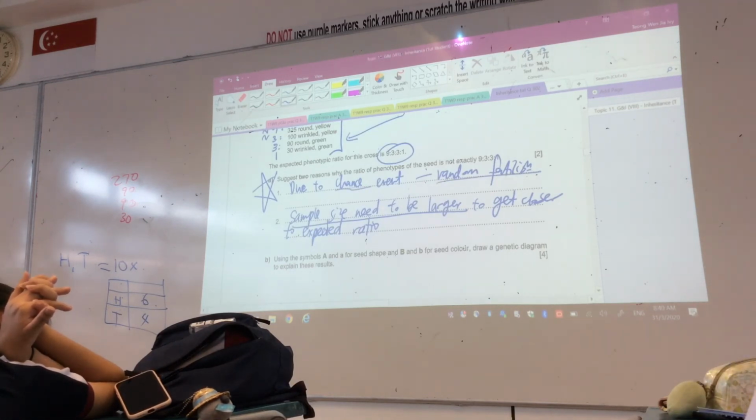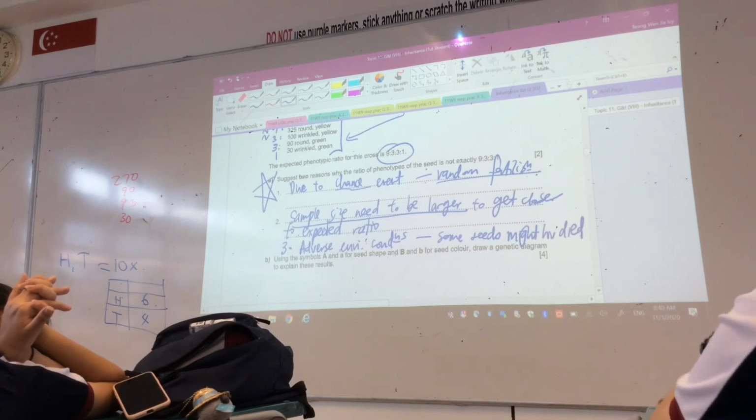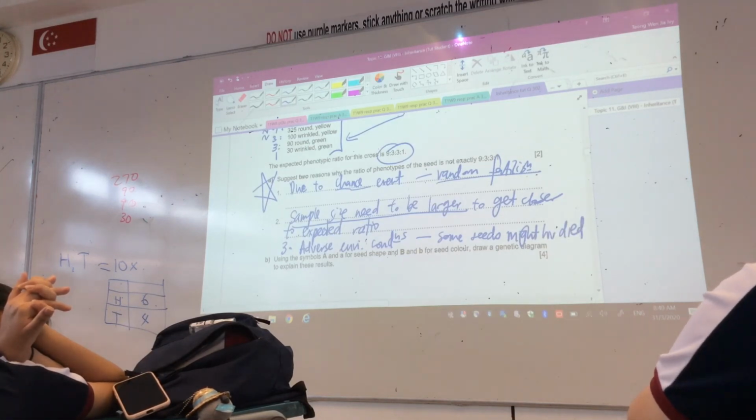Any other possible explanations? Yes, some seeds died, exactly. Okay, you can talk about adverse environmental conditions. Okay, some seeds might have died. Anything else?